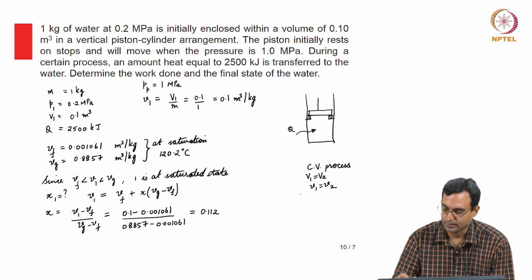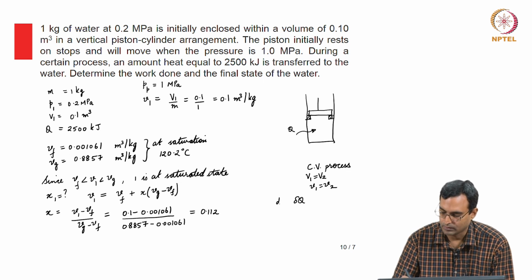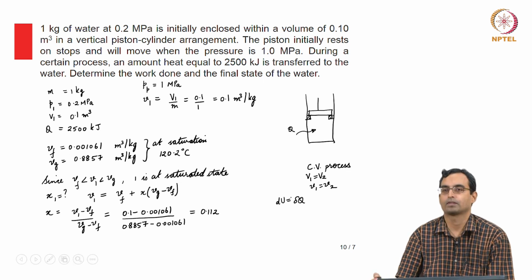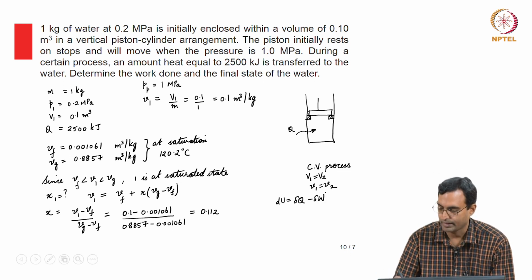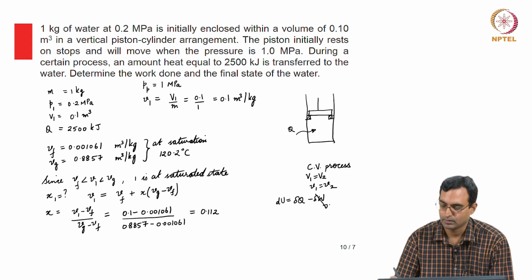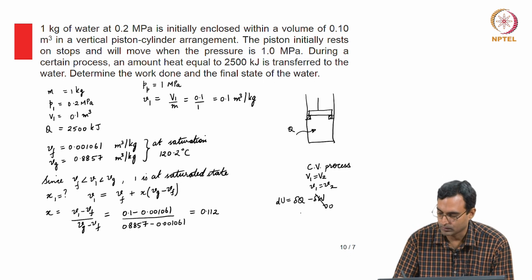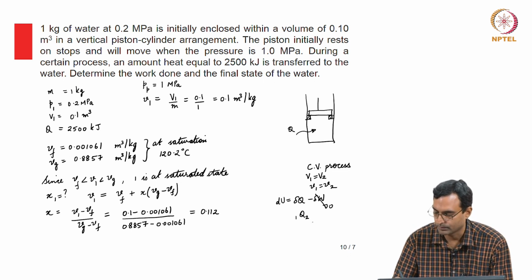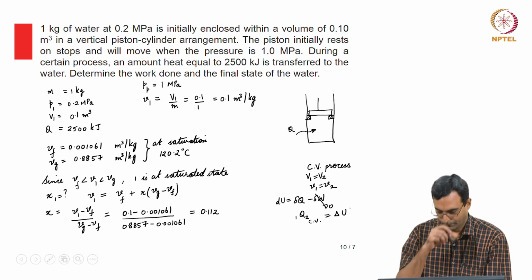So, from the first law for this process, I have du, I am ignoring potential and kinetic energy and so on. This is a constant volume process initially, so the work is 0. So, del q should be equal to du, or q during the constant volume part of the process is going to be equal to delta u.